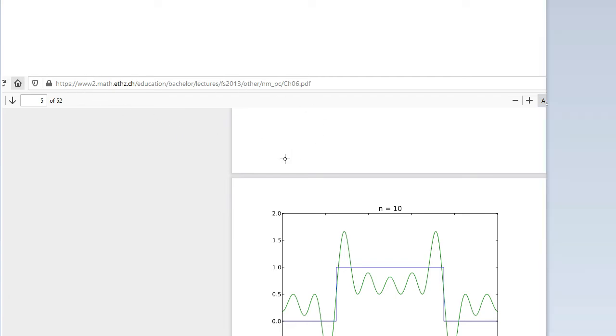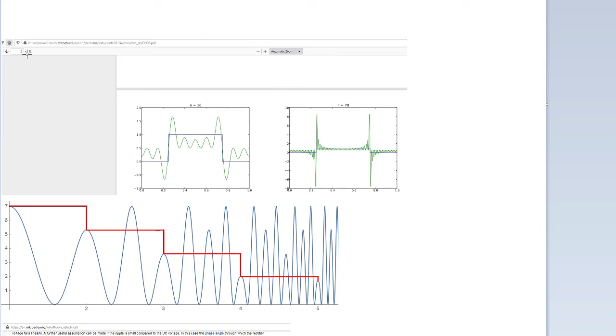That's where I got this from, on page 5 of 52. So it fits this discrete graph very well, especially, I guess, for more iterations, and it's not like mine.